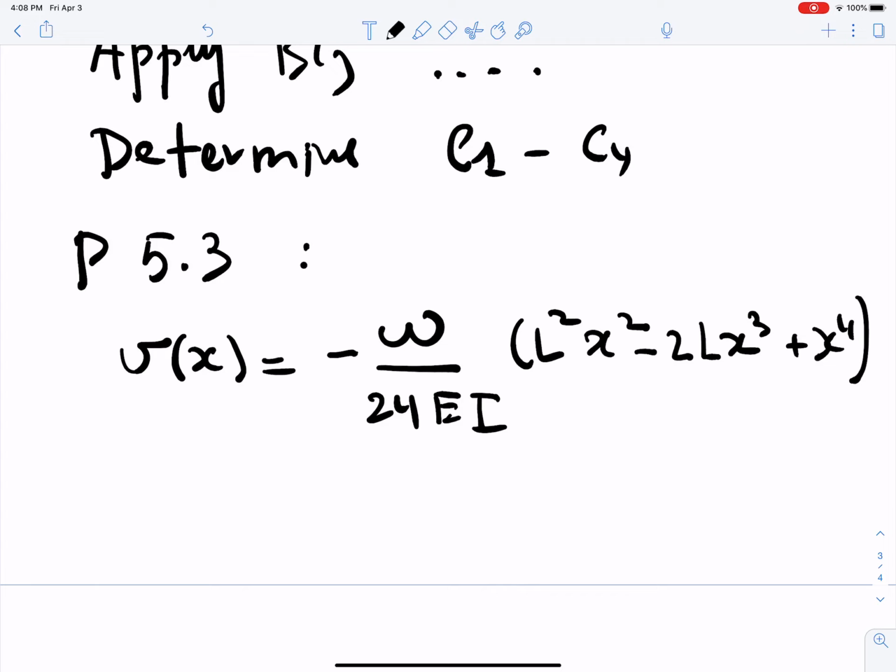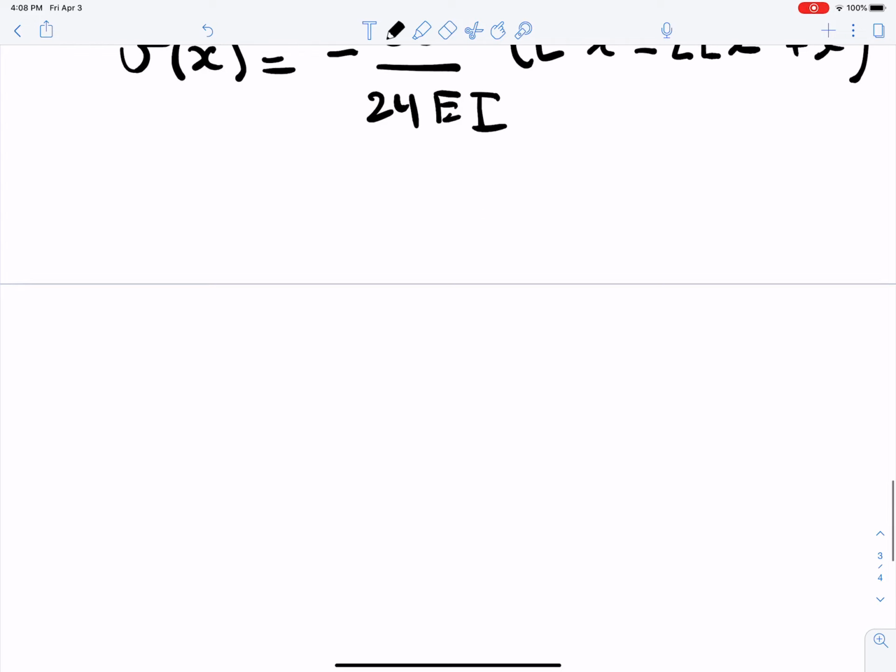So displacement is a fourth order polynomial. If you look at the figure on page 5.3, it tells you what it looks like and where the various inflection points are and so forth. Again, please refer to the reader to see that.